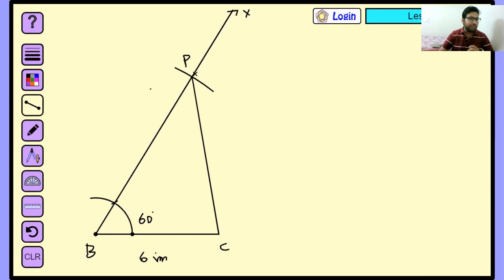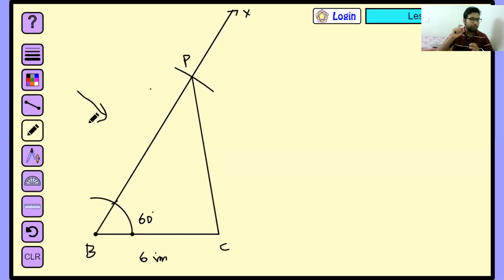We want point A. Please tell me, will this vertex A lie on BP or CP? It will lie on BP because we know this is the sum of two sides. Now the problem is how to obtain that point. We know it lies somewhere on this BP, but how to obtain it? To obtain that, we will use CP.